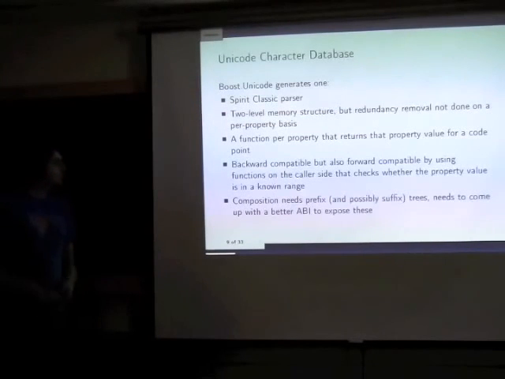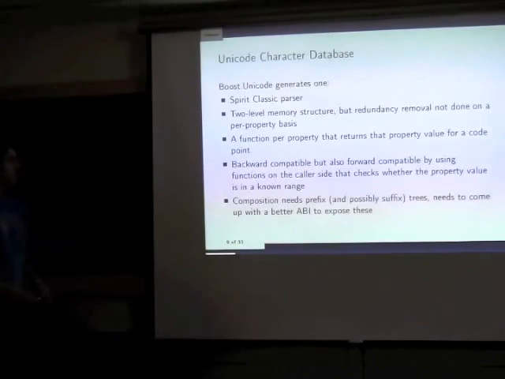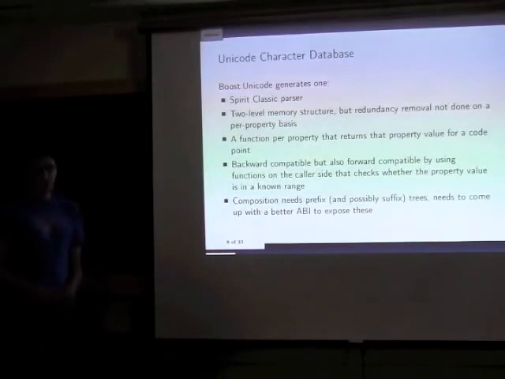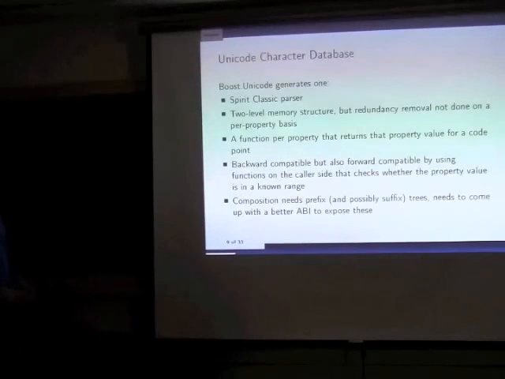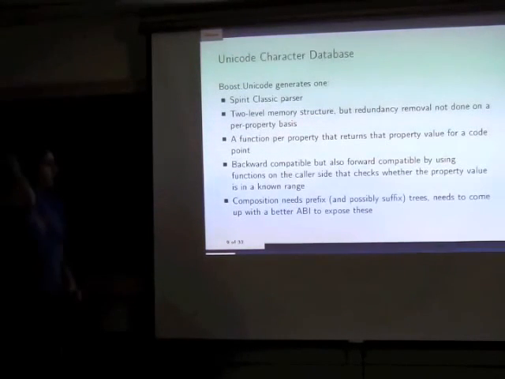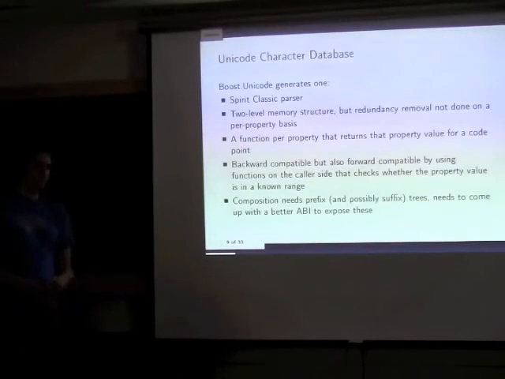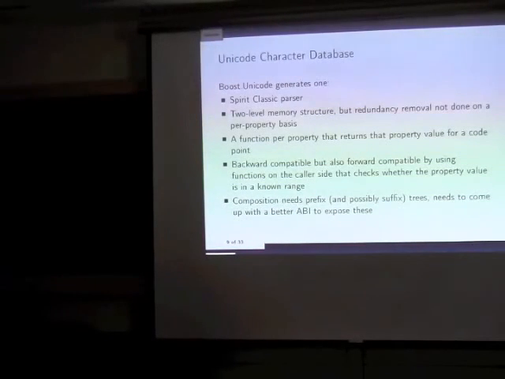So there is an implementation of the library as part of the Boost Unicode library. It's based on some work done by someone before. I don't remember his name, unfortunately, but it is something I inherited from the Boost review. It uses Spirit Classic parsers to get all the information available on the Unicode website, and you can parse it and do whatever you want with it.